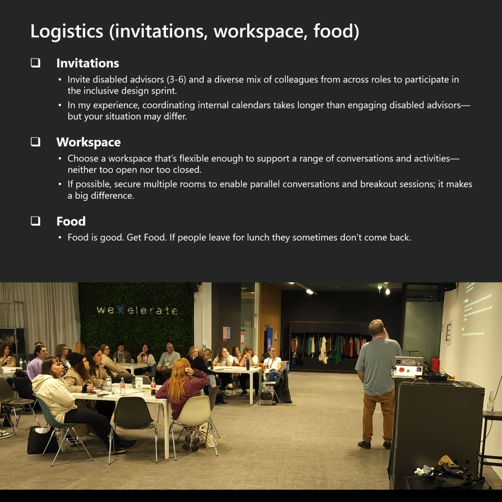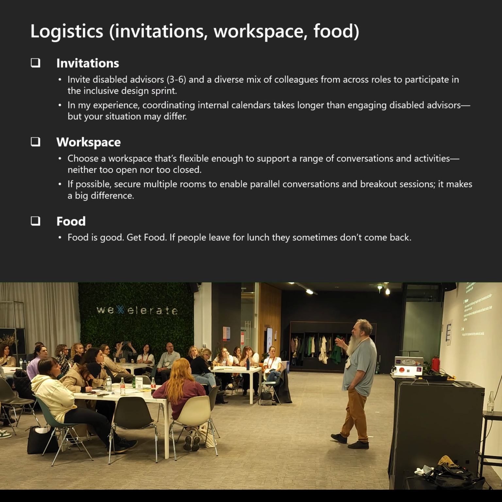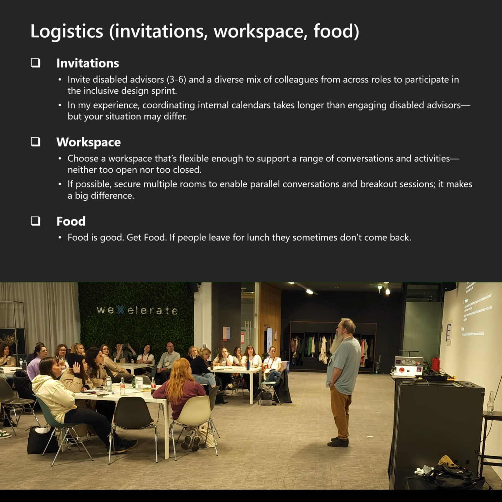So choose a workspace that's flexible enough to support a range of conversations and activities. Something that's not too open or too closed. This room would actually be really great. The fact that it has a side room for other conversations would be really good. You don't want people talking over each other, but you also don't want people to move around too much.